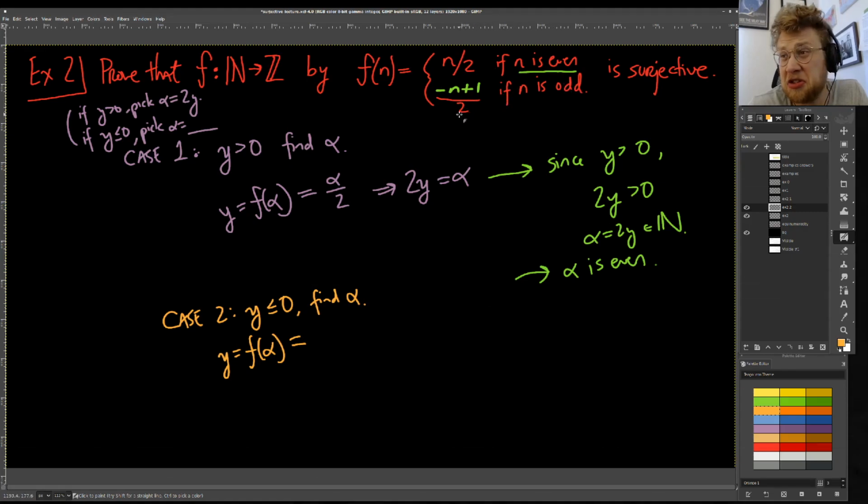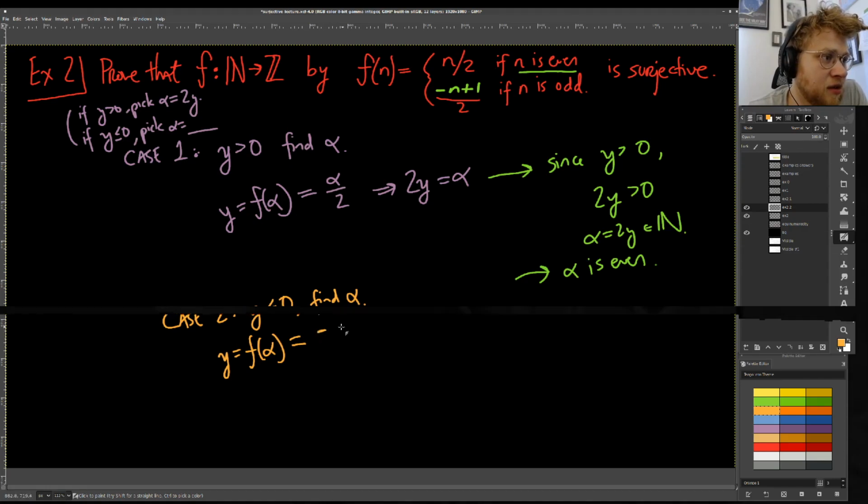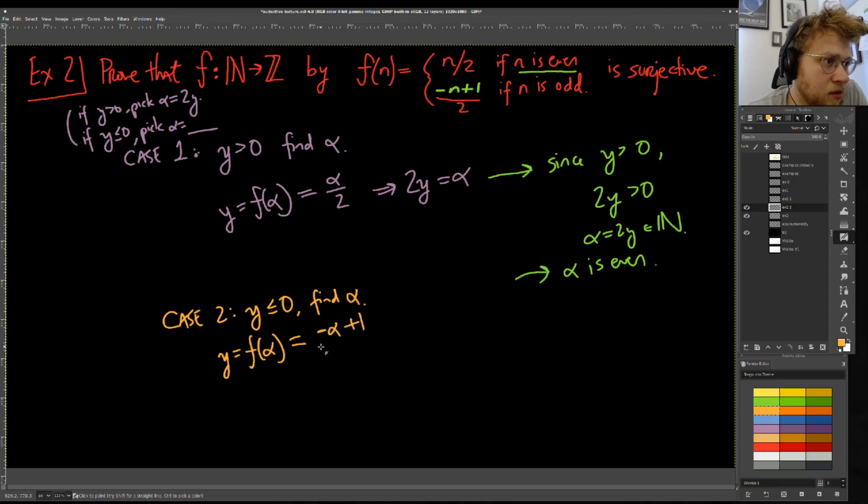So let's just assume it's an odd number. Again, this is just scratch work, so we're allowed to play around with what's convenient for us. But let's assume that it's going to work out where alpha is an odd number. And let's pick that second branch to use.